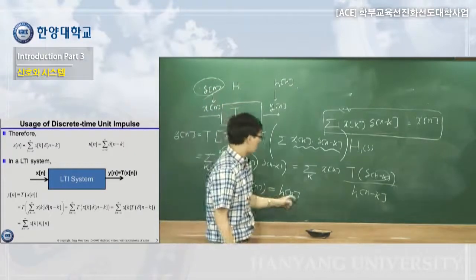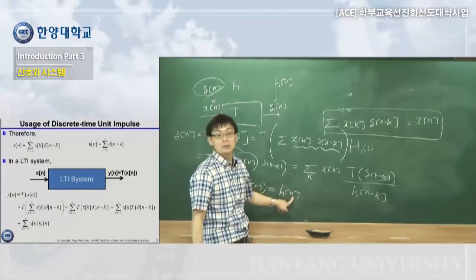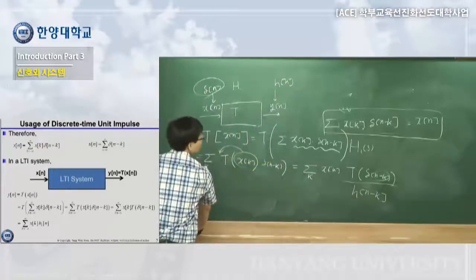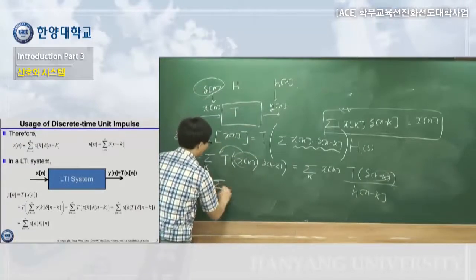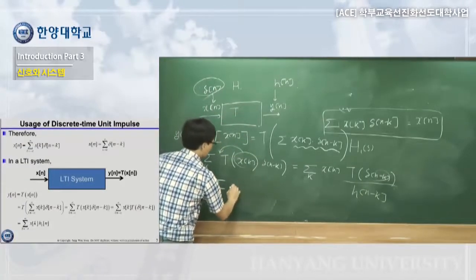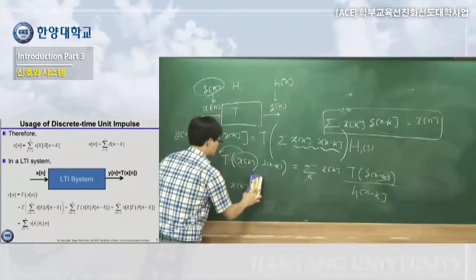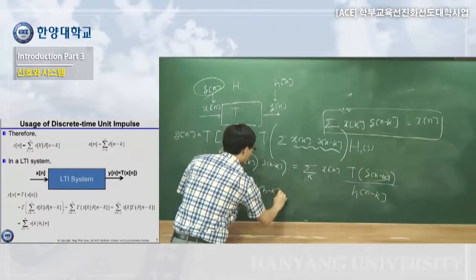Because we have n minus k here, we have n minus k there. So finally, we have the final value: x[k] times h[n minus k].